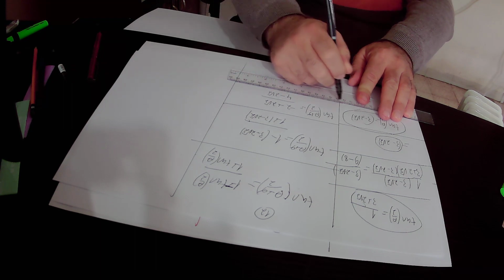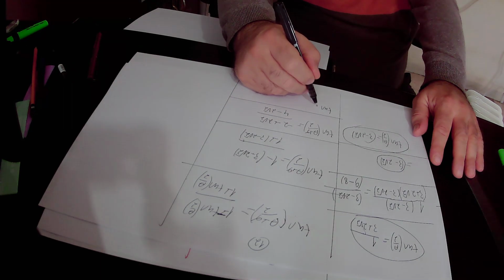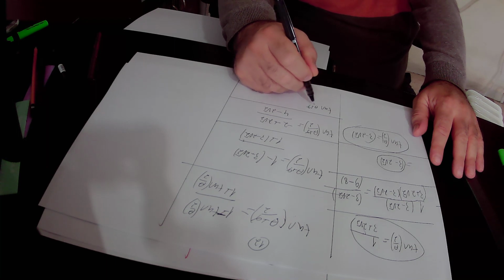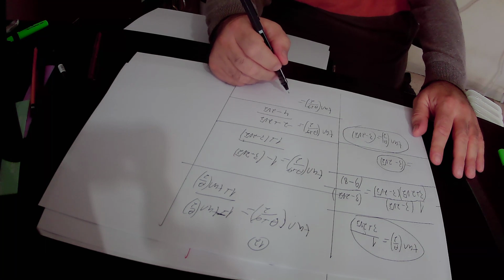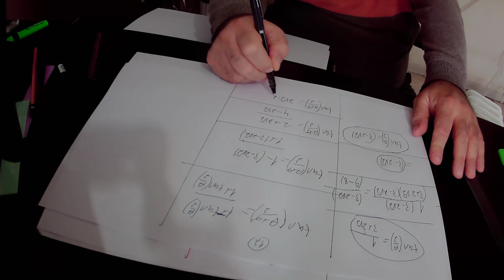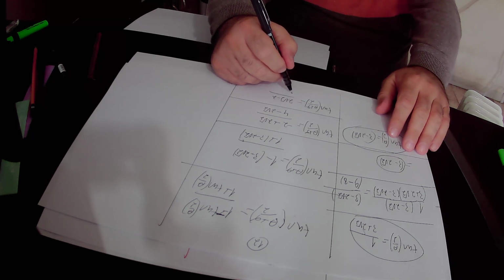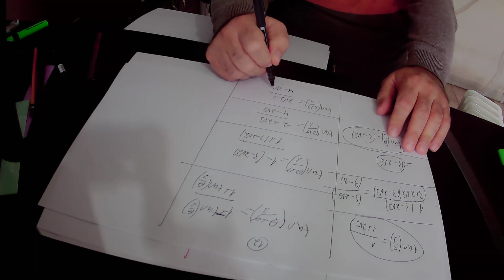So we actually found out that tangent of (theta plus alpha) over 2 is equal to 2 times square root of 2 minus 2 over 4 minus 2 times square root of 2.